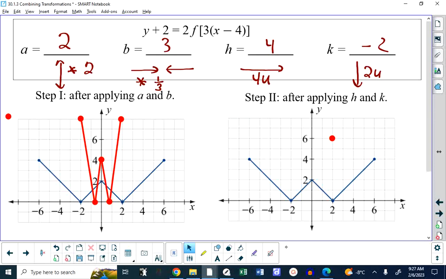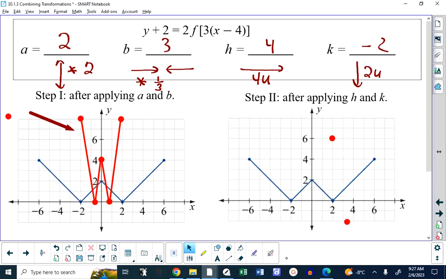I notice, for example, and I'm not talking about a translation here, that this point in relation to this point, if I were to take this and just move it over 1 and a bit and then move it down 8, I would be where that point lands. And it's going to be there.